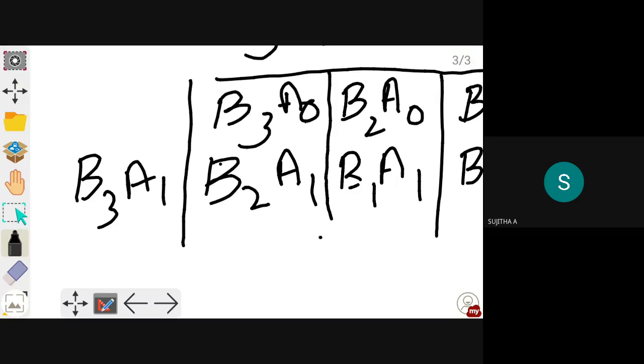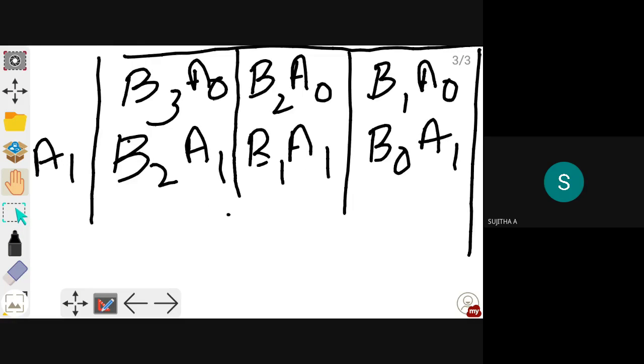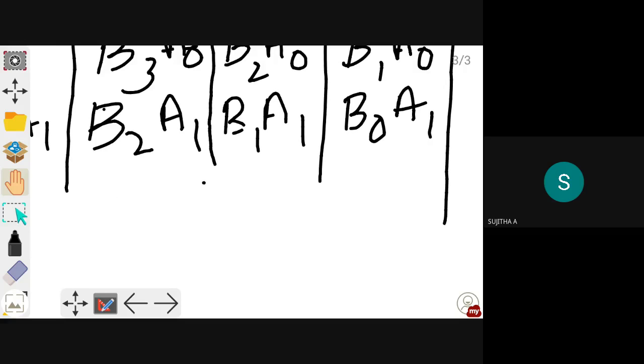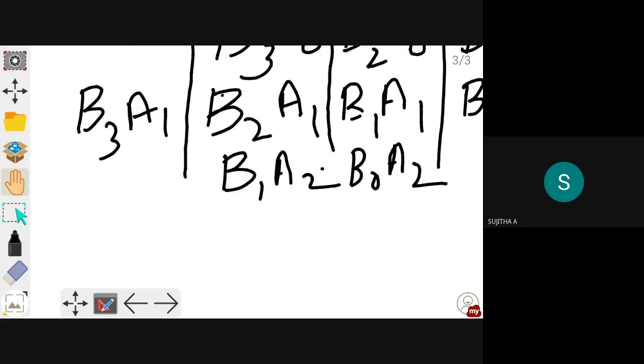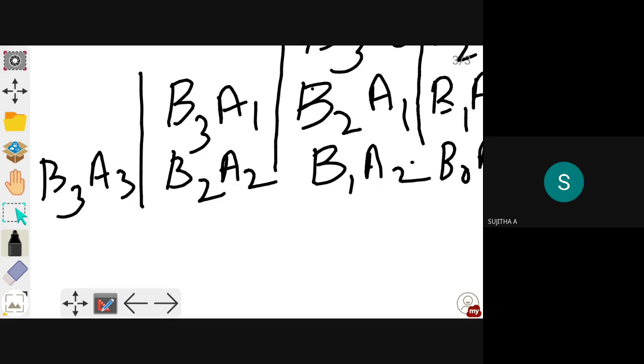Next you are going to multiply with A2. So for A2, you start here: B naught A2, B1 A2, B2 A2, then B3 A2.